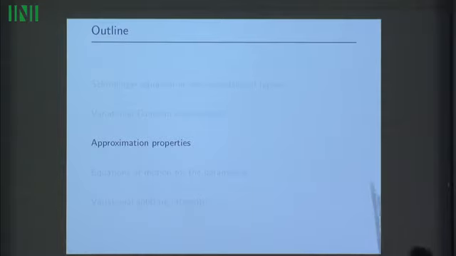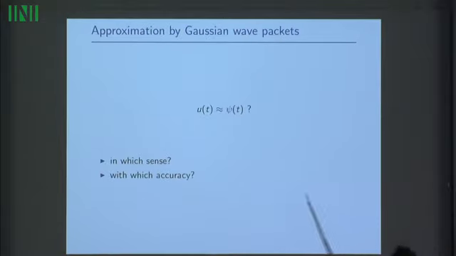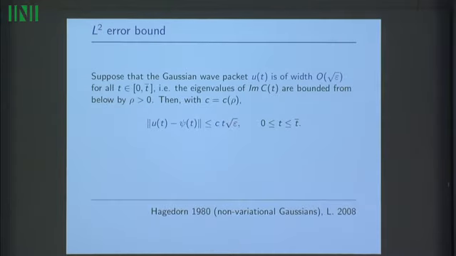But I was somewhat loosely speaking of this as an approximation. In what sense is this an approximation to our wave function? Remember, we still have this high-dimensional problem with highly oscillatory solutions. So that's now the question. In which sense does our Gaussian approximate the exact wave function, and with which accuracy? And I'll give you two results, of which I will prove the simple one, which I still find remarkable.